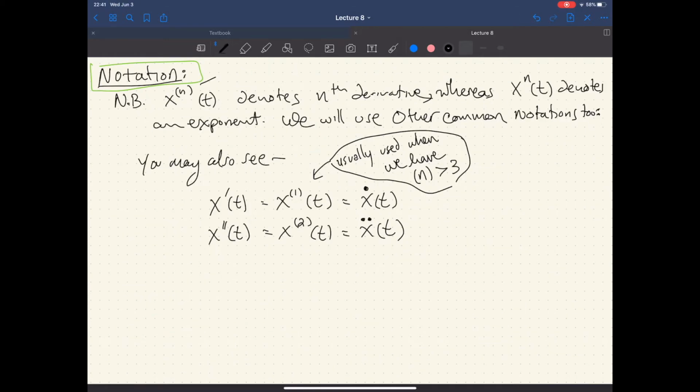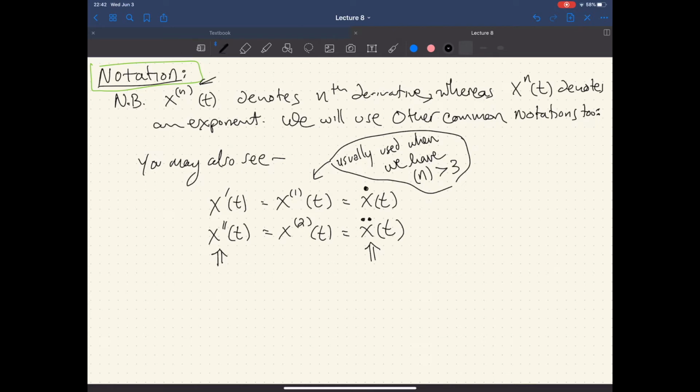We have x to the n. If you see parentheses like this, it's almost always referring to the nth derivative of x. This is the one you'll probably see the most often. You'll see this a lot, usually when you're talking about vectors or tensors or things like that.